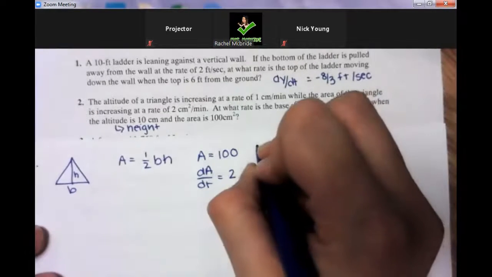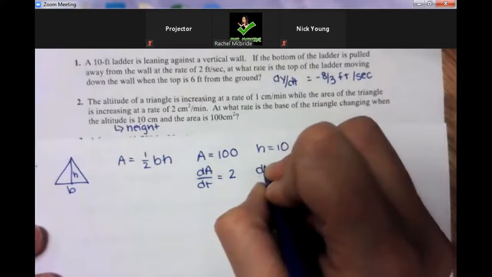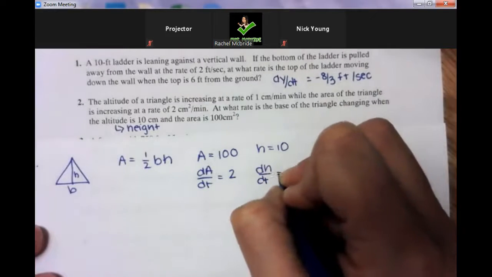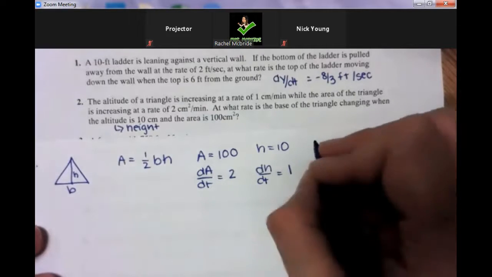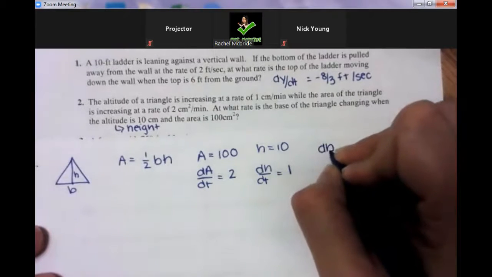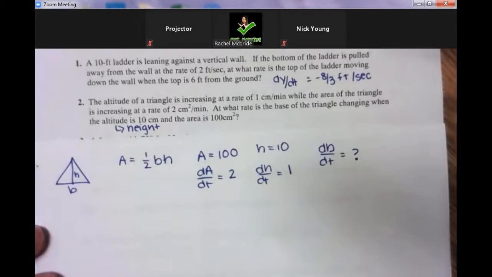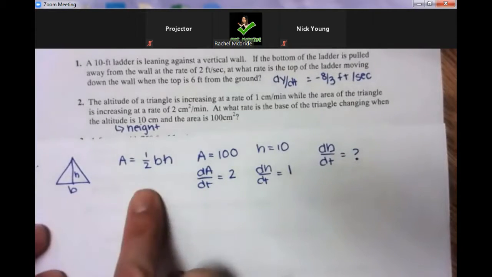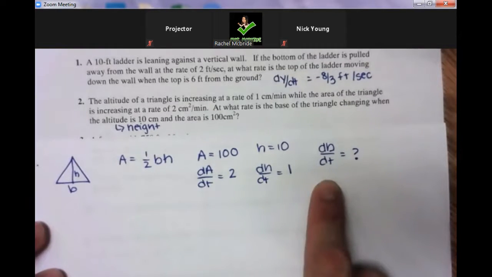We're given the height of the triangle is 10, and the rate of change of the height is 1. At what rate is the base of the triangle changing? So we're looking for dB/dt. So here's my drawing, here's my formula, what I know, and what I need to know.